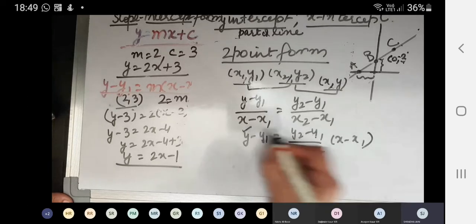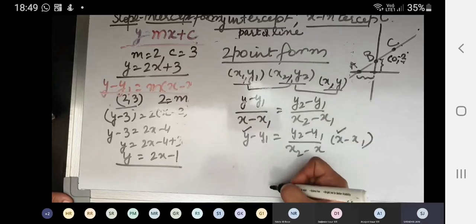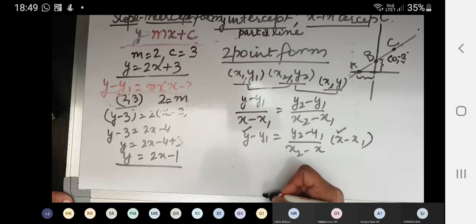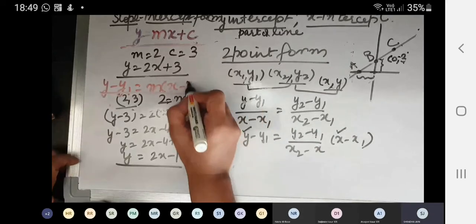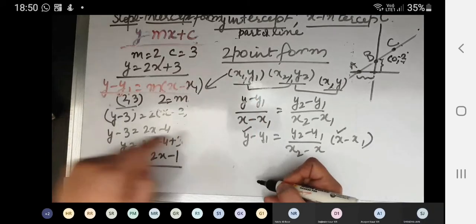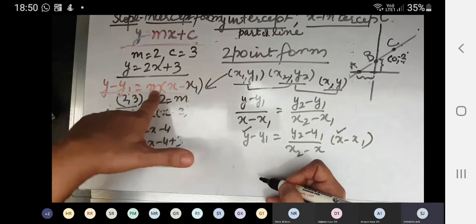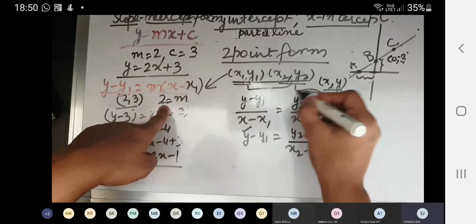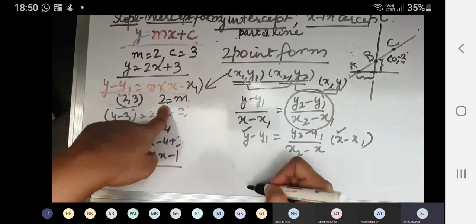This x, y has come, which we need in the equation, x, y. This is all from the given. If you compare it with this form, here the slope was given as a number. Here you can obtain the slope with the help of this formula.